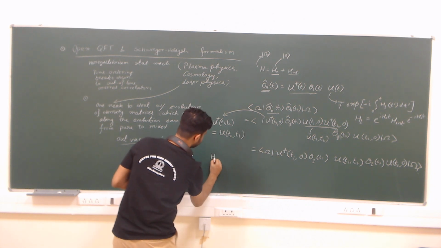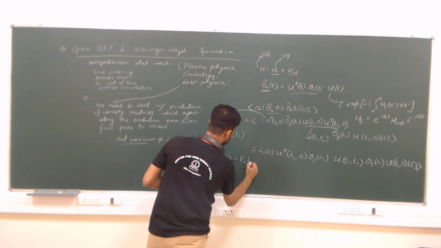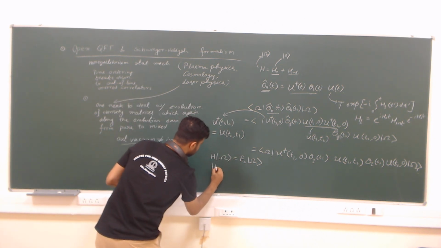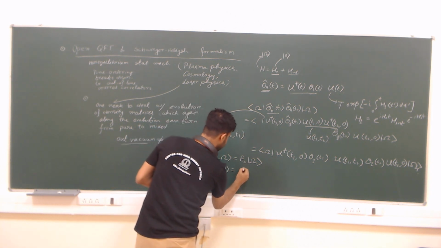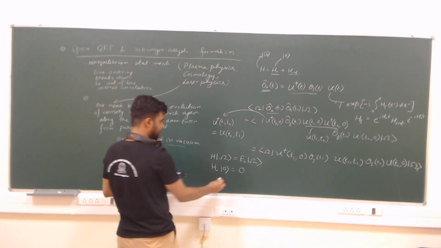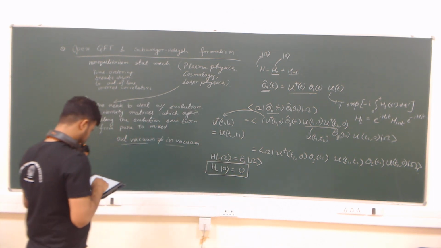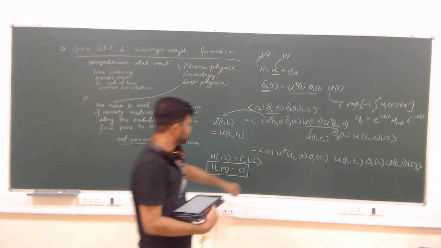So for this vacuum, omega, say the ground state energy is this for the full Hamiltonian, whereas for the free Hamiltonian, on the free vacuum, it is defined as this. Now, let's say what we want to do is write these things.